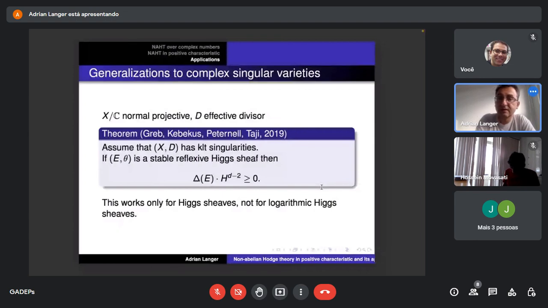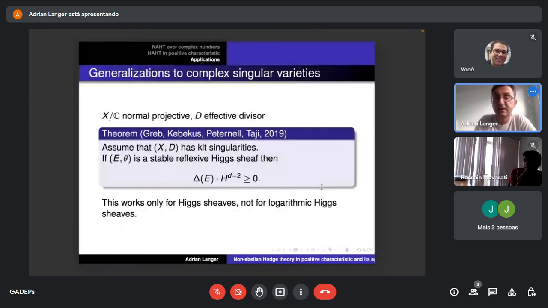It's saying how you can possibly generalize this kind of Simpson correspondence to singular varieties in positive characteristic. So if you have a normal projective variety with an effective divisor, which is just a sum of some prime divisors with coefficients equal to 1, then I proved the following result.